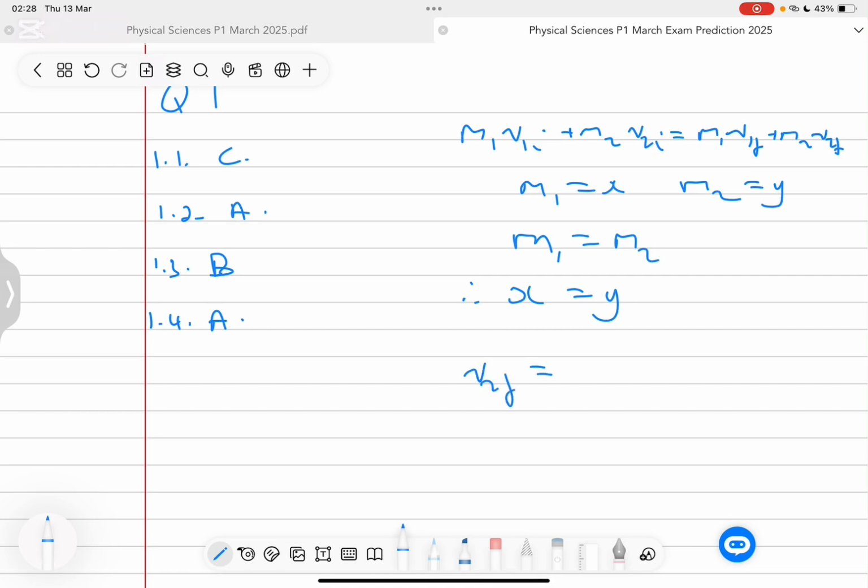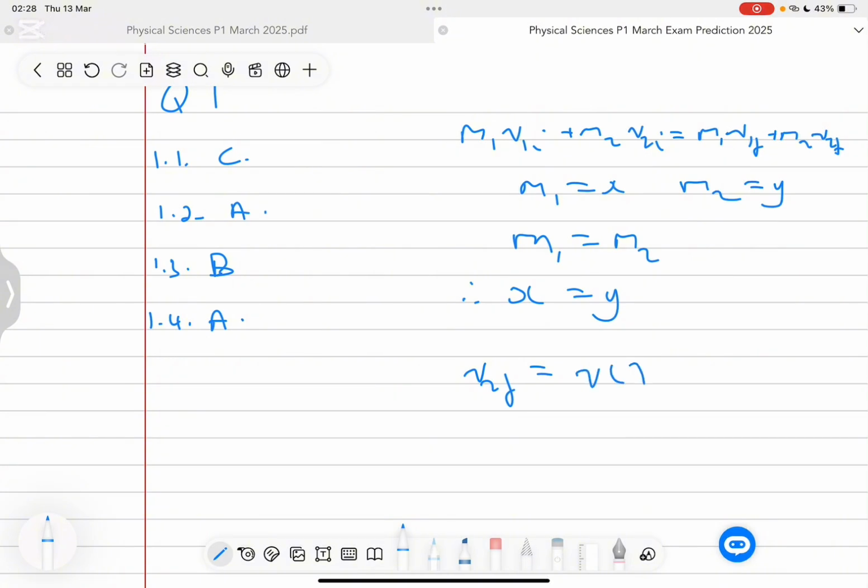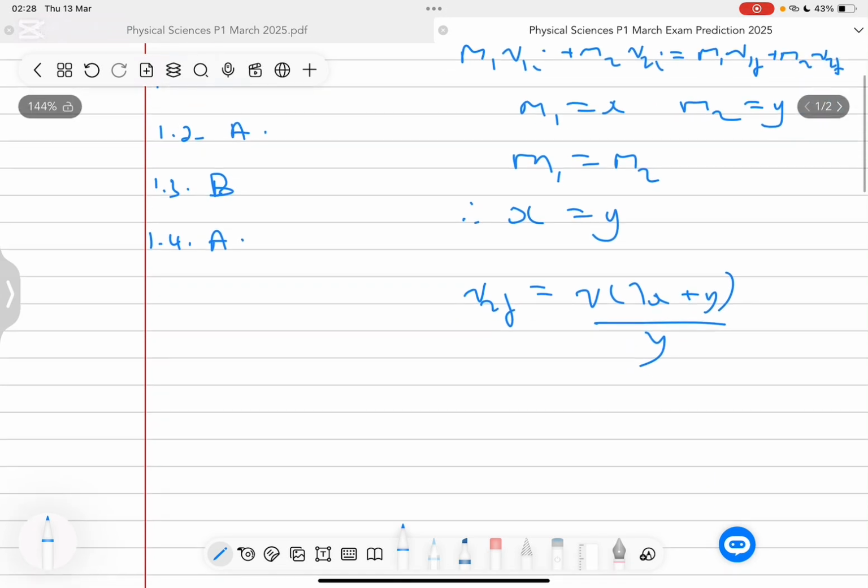Well, we know that V2 final is defined by this equation, v(7x plus y) over y. Now what that means is that I can write the x as a y because they're really the same. So that I have v(7y plus y) all over y.